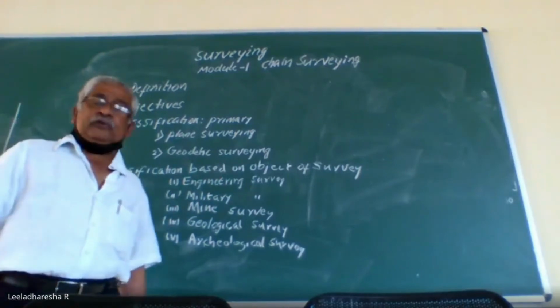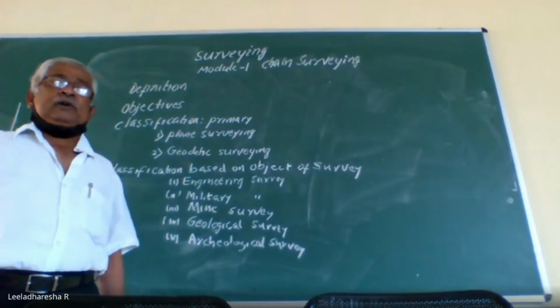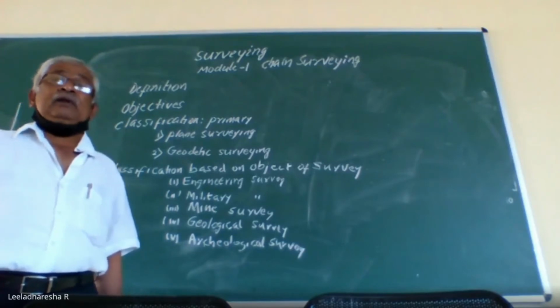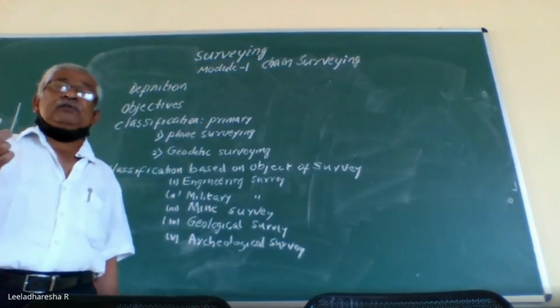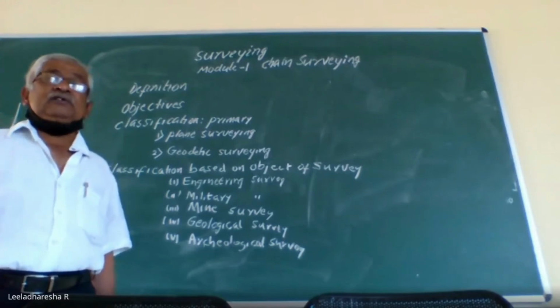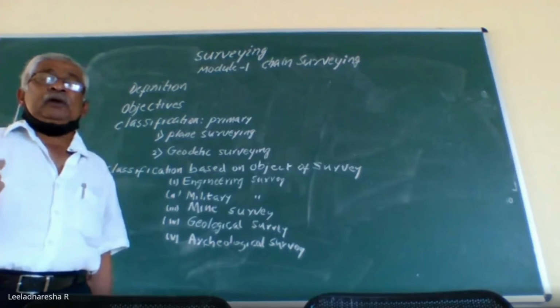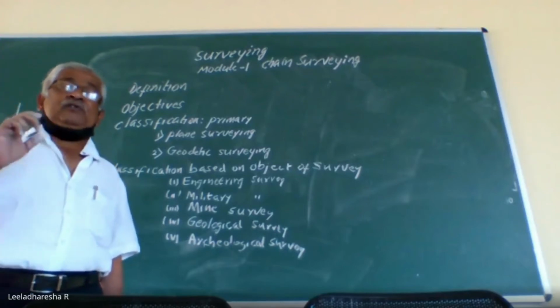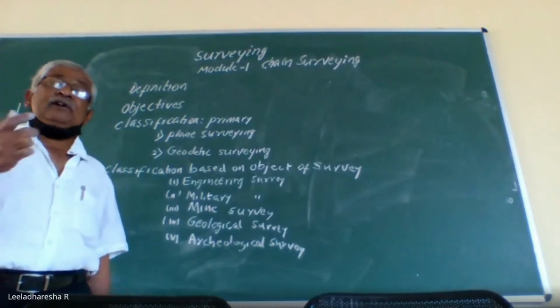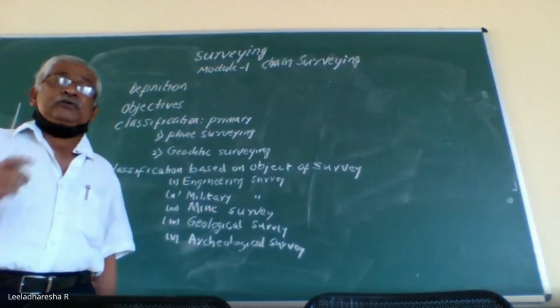Then mine survey. So, generally, to know what minerals are available in some areas. Say, for example, civil engineers means we use cement. For cement, what is the basic material that is required? It is nothing but limestone and gypsum. So, these deposits are available in Karnataka, particularly in North Gulbarga and Raichur.